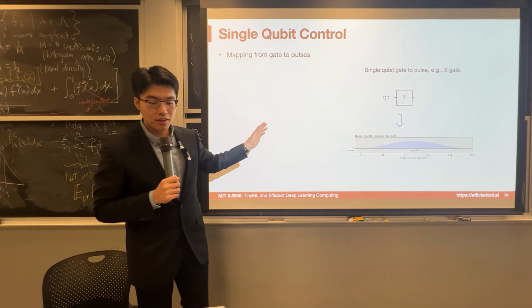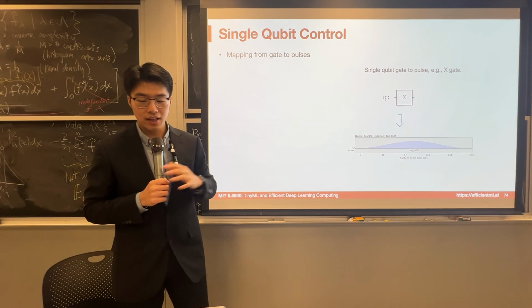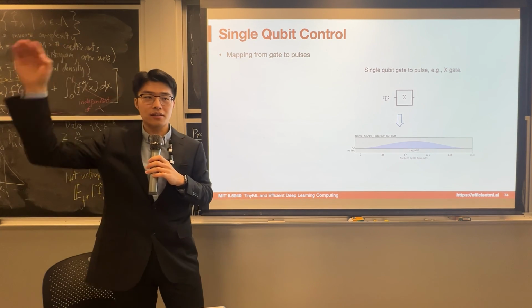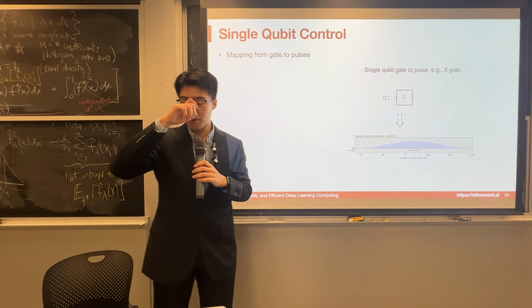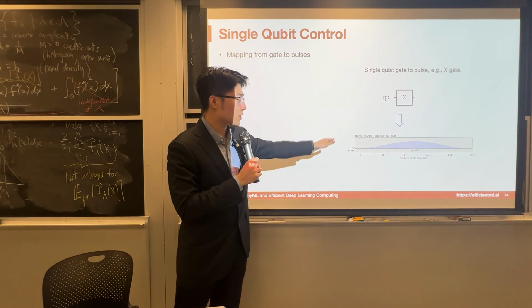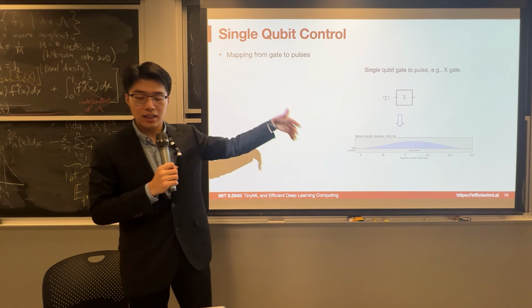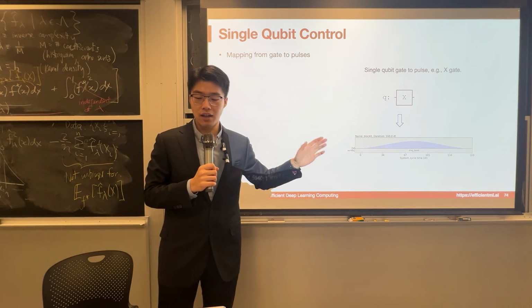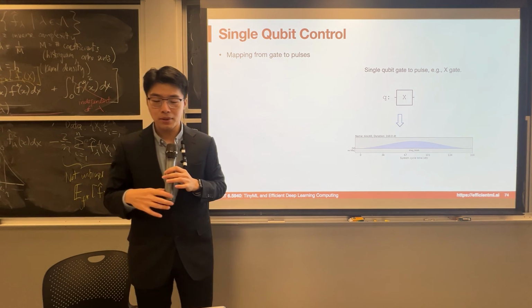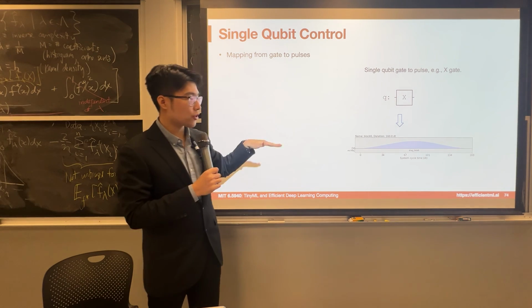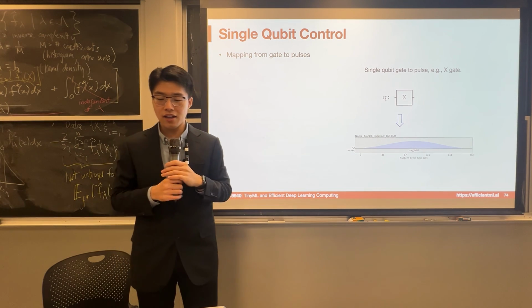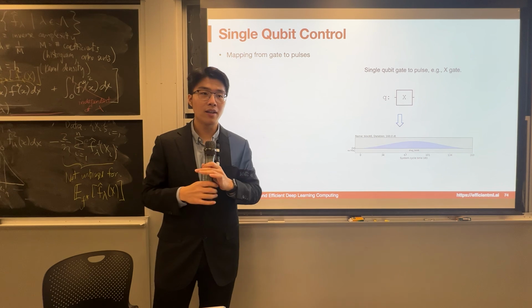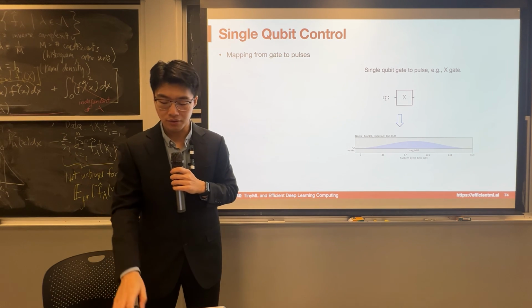Just like the single qubit control, we are doing this pulse wave, and many times it looks like a Gaussian, but actually it's a small variation of the Gaussian, which is called a DRAG shape. And then we use this shape, and the actual area under the curve will determine the rotation angle we are doing.